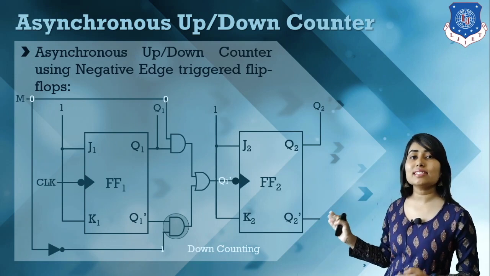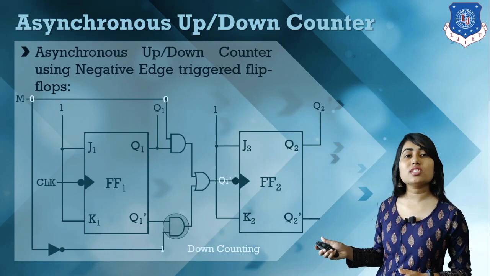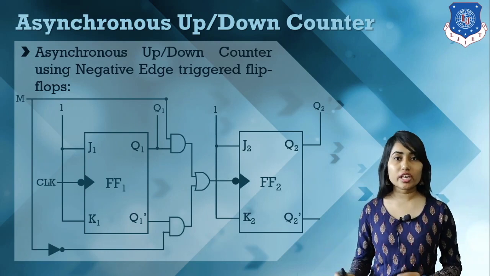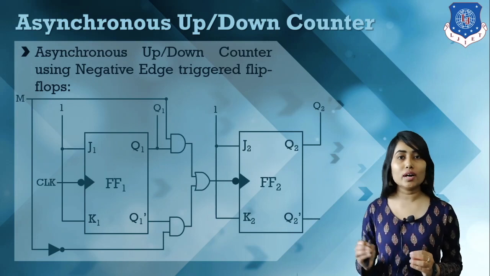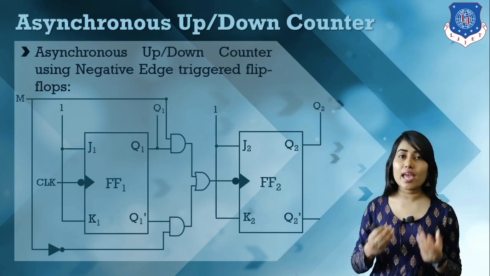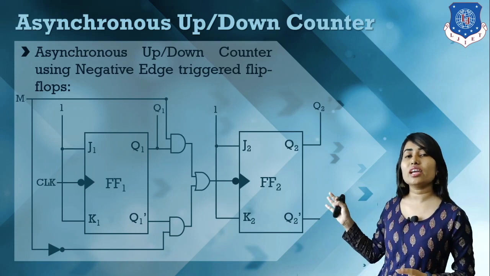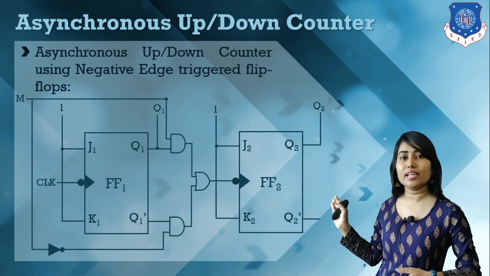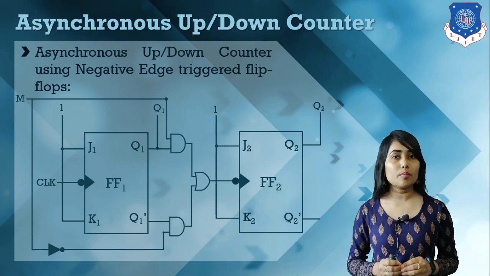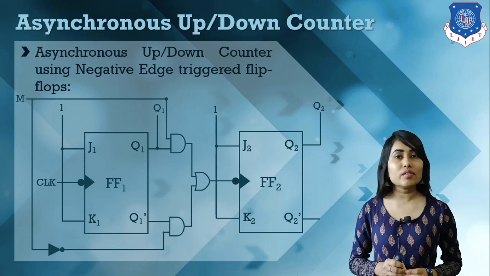So this is how this asynchronous up and down counter works. If M is equal to 1, this circuit works as an up counter, and if M is equal to 0, this circuit counts in the downward direction, so it works as a down counter. So this is the asynchronous up and down counter using negative edge trigger flip-flops.